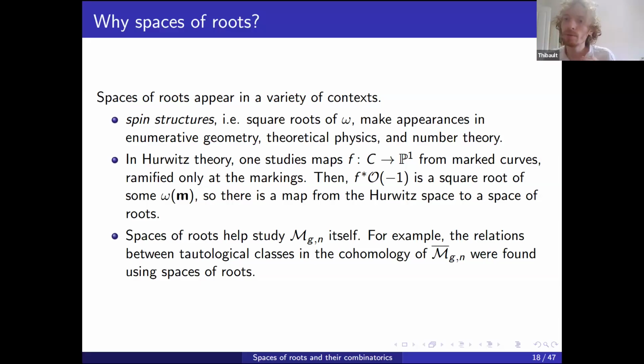And if I give you a linear combination A and a linear combination B of these classes, a priori, it's not obvious when A equals B, right? It's not obvious what the relations are. And it turns out the people who have found the relations between these interesting classes did that by using the moduli of spaces of roots, making sense of some classes on spaces of roots and pushing them forward and deducing relations.